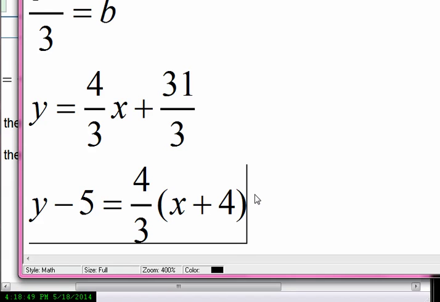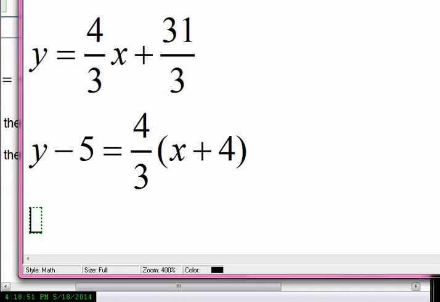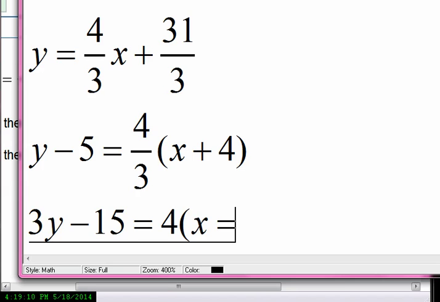Let's just multiply both sides by 3, and then we don't have to worry about that 3 in the denominator. So we have 3y minus 15 equals 4, because the 3 is going to cancel, times x plus 4.